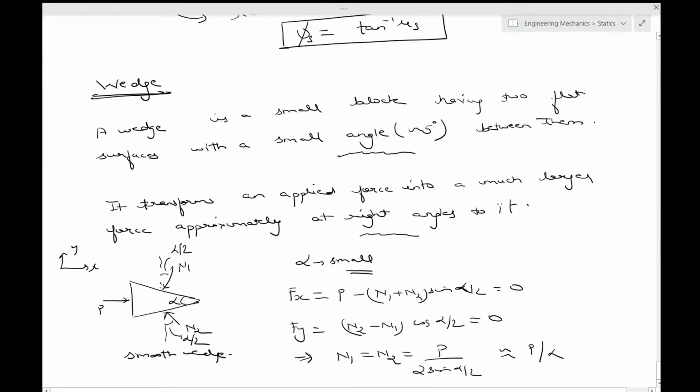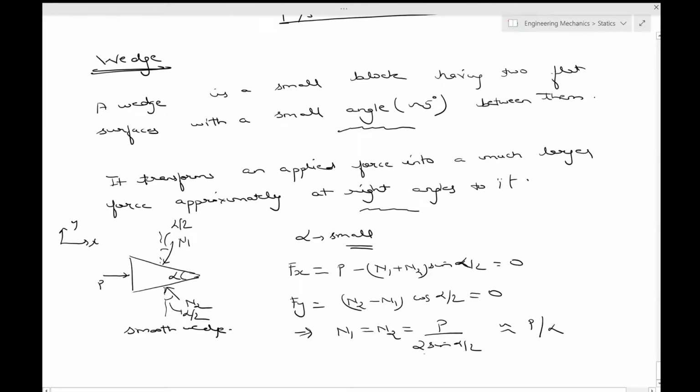Okay. So since this angle alpha is small, sine alpha by 2 will be almost equal to alpha by 2, and when that is multiplied by 2, that becomes alpha.